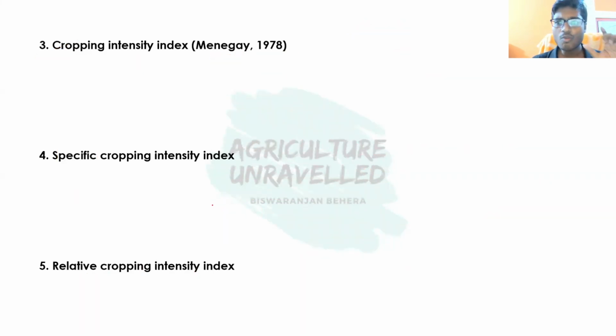Remember one extra thing: if the relative cropping intensity index is more than 50%, then that farmer is doing specialized farming. For example, if the relative cropping intensity index of rice is more than 50%, then we can say the farmer is a rice farmer. He is doing specialization in rice.